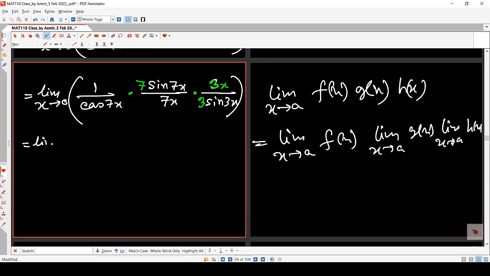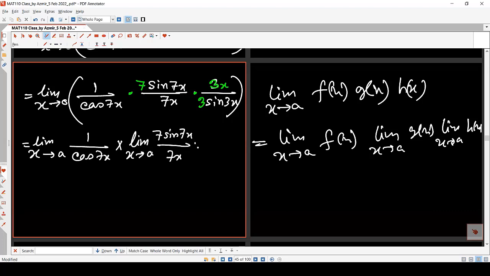So limit x tends to a, 1 over cosine of 7x times limit x tends to a, 7 sine 7x divided by 7x times limit x tends to a, where a is 0, 3x divided by 3 sine of 3x.